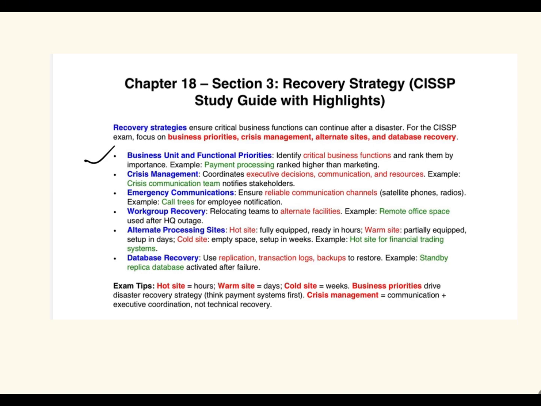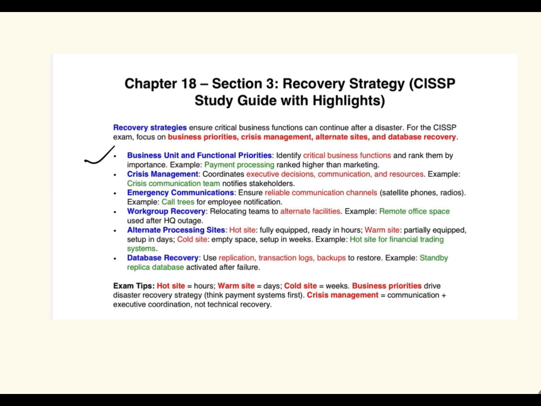So for example, payment processing is more critical than marketing. If you have an online shop, and you are selling some products, and customers are buying something, but they are unable to pay, or there is something wrong with the payment processing, it is obviously more critical than marketing, right?